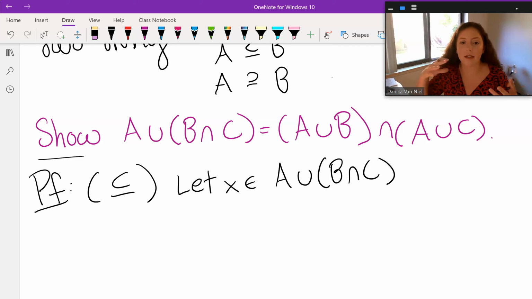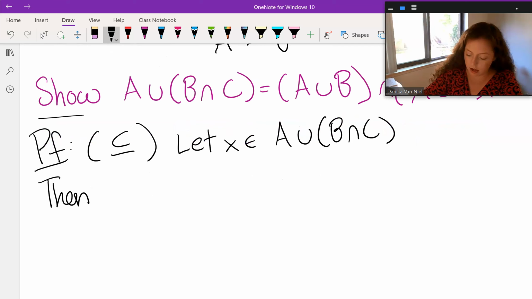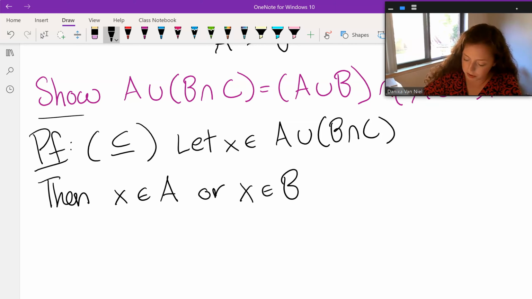I'm not saying X is in A. I'm just saying X is in there somewhere. Then, since X is in here, X is in A or X is in B intersect C.